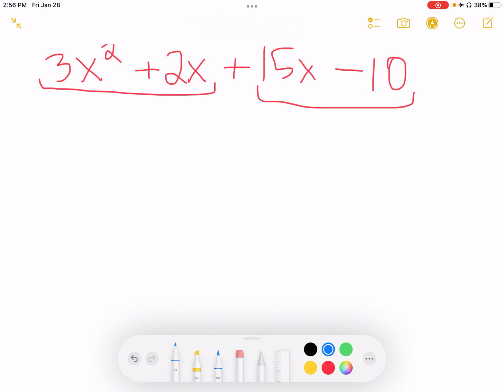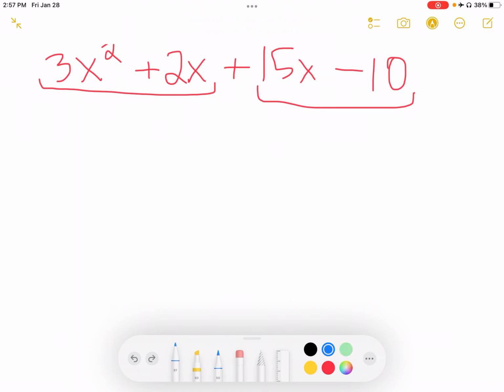We can see that x is a common factor for this first set, right? You can see that x is common there, right? And nothing over here is really common. Like I could factor out 5 for this one, but for this first set where I have x over here, I can factor out x, but that's it.